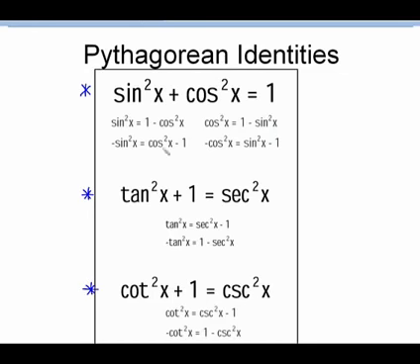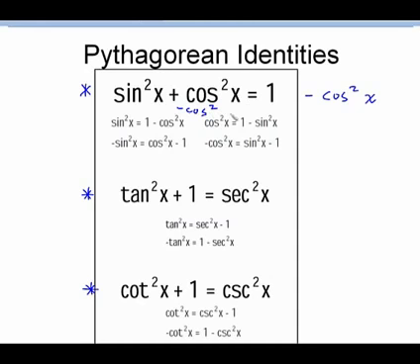And then to get these other identities, all you're really doing is, let's say you want to get sine squared by itself, you would subtract cosine squared on both sides, right?